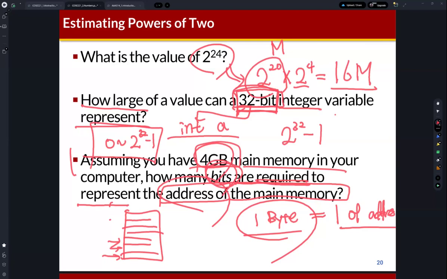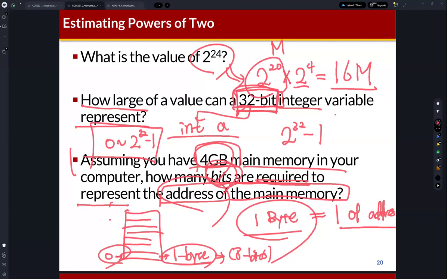So, for example, address 0 is mapped to the first 1 byte of data. Okay? So it means that the first 8 bits of data are assigned to address number 0.